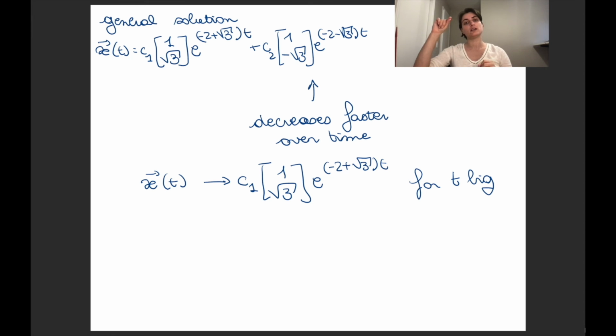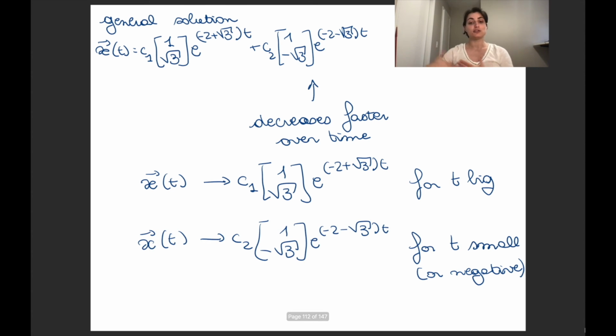For t big, the bigger negative coefficient disappeared faster. So for t big, the coefficient minus 2 plus square root of 3 is the one that is still there. That means towards the end of our moving time, we're moving along the first eigenvector, while for t small, or negative, we're moving along the second eigenvector.